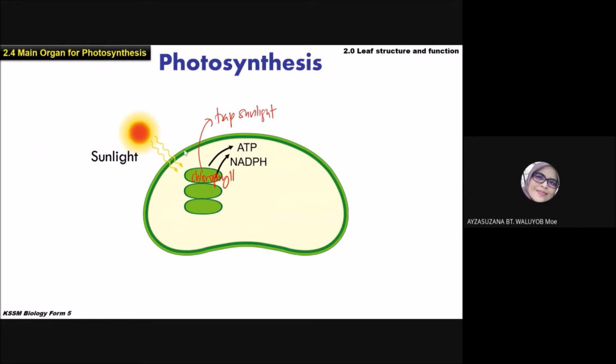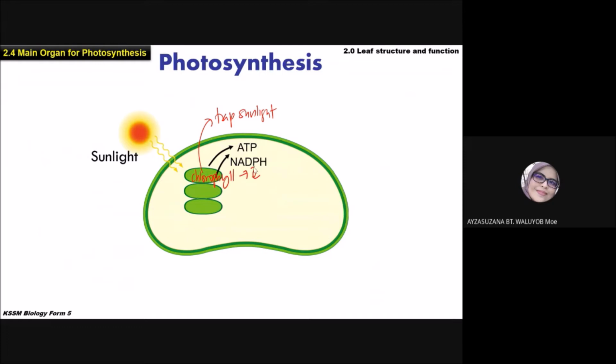Tenaga matahari yang diserap oleh chlorophyll ni, dia activates the chlorophyll and causes it to release high energy electron. So dia mengaktifkan chlorophyll ni supaya chlorophyll ni melepaskan elektron.